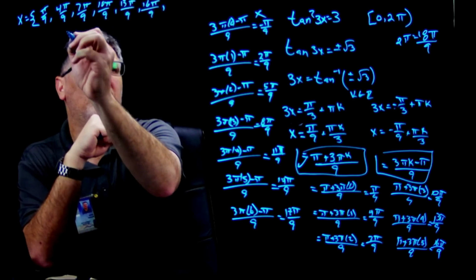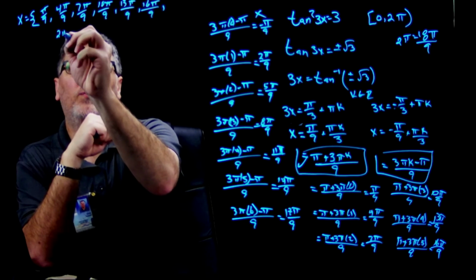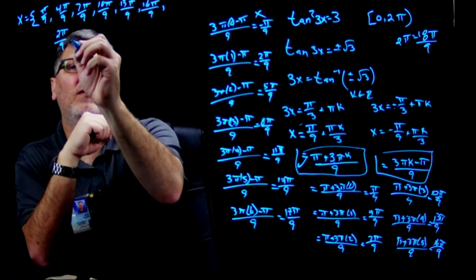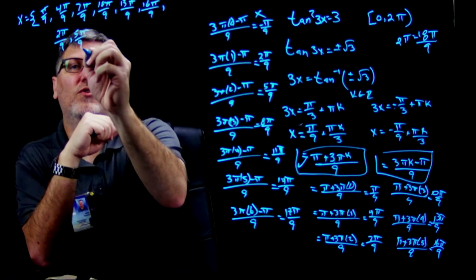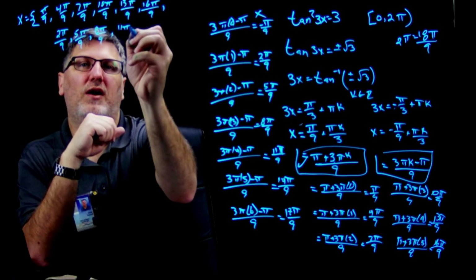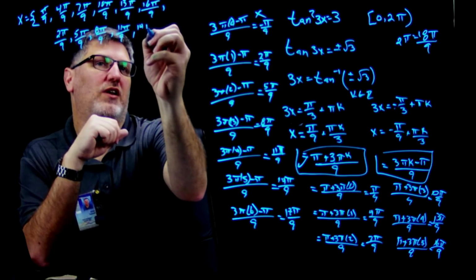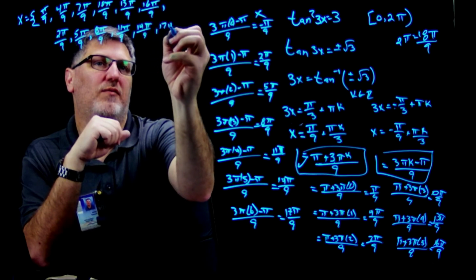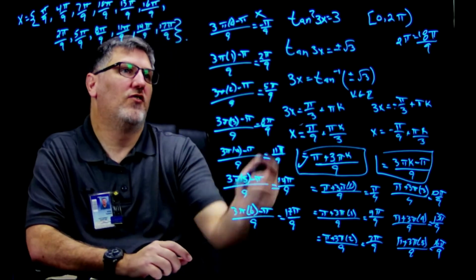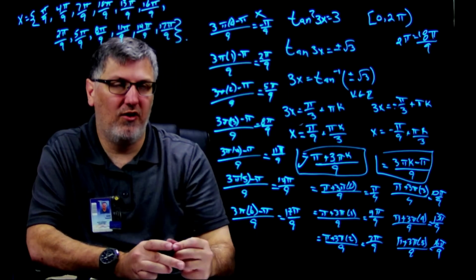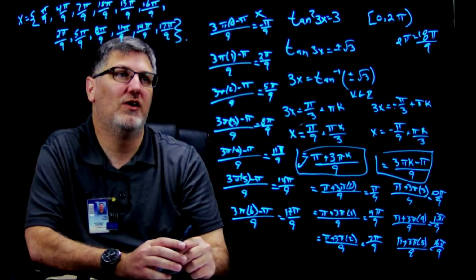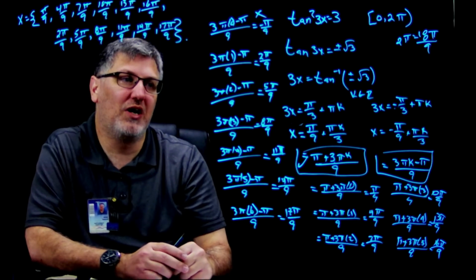Start a new line: 2 pi over 9, remember we exclude negative pi over 9 because it is not within my domain, 5 pi over 9, 8 pi over 9, 11 pi over 9, 14 pi over 9, and then 17 pi over 9. And there are all your answers. So this basic problem, tangent squared 3x equals 3 between 0 and 2 pi, has a total of 12 answers. Gotta love it.